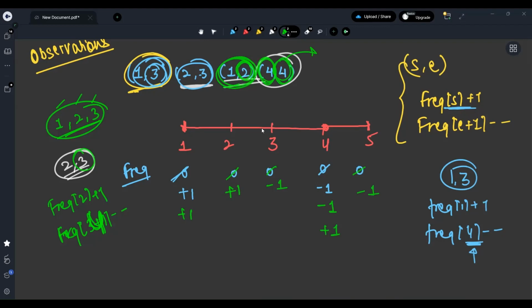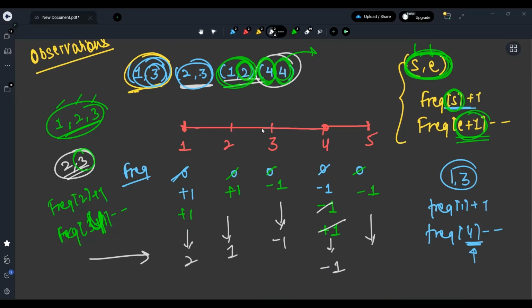So I'm taking the starting and end of each interval, and doing frequency of S plus plus, frequency of E plus 1 minus minus. Now let's take the prefix sum to count them. 2, 1, minus 1, this will be minus 1, this will be minus 1.